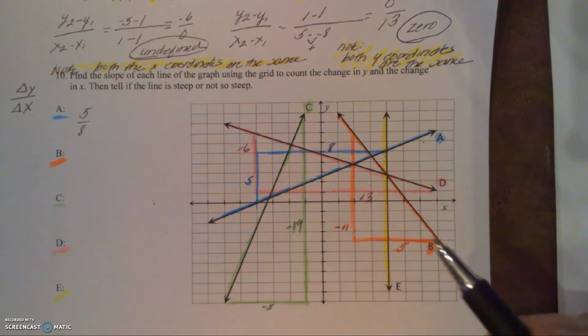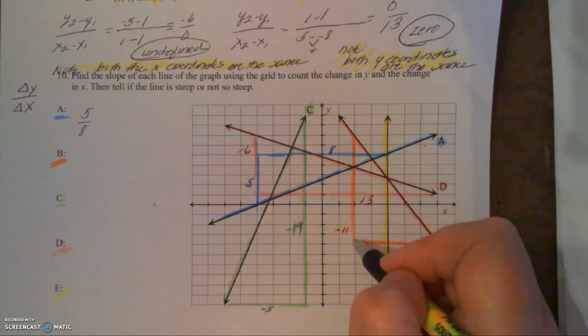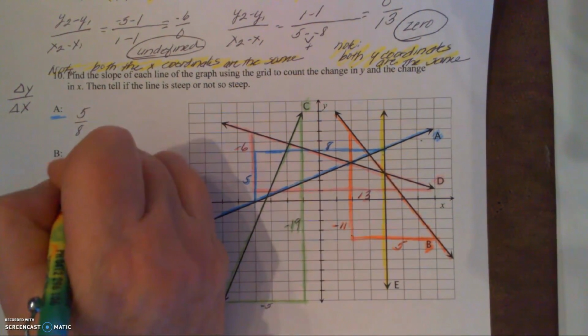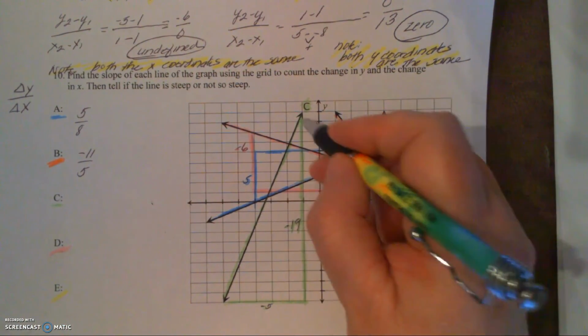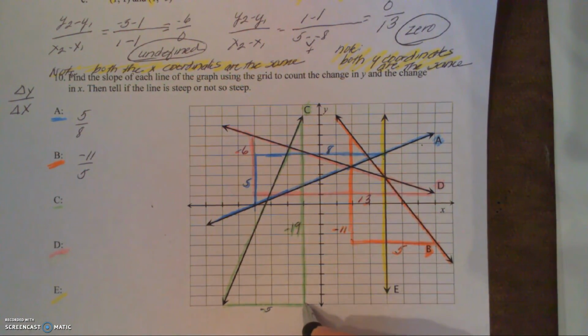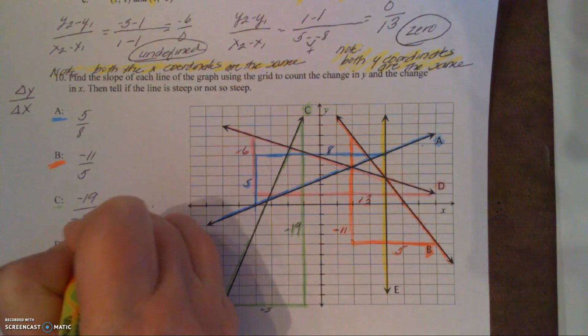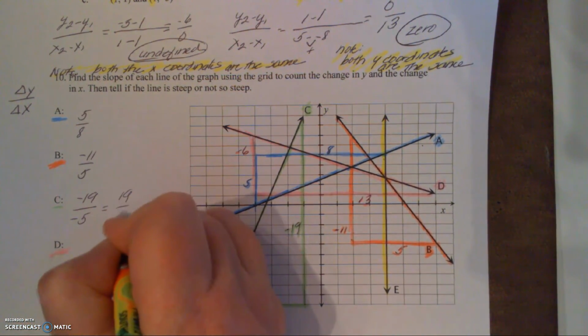If you look at B, it goes down 11, which is negative 11, and it goes over 5. Then if you look at C, it goes down 19 and over 5. So going down is negative and going to the left is negative. But remember, when you have two negatives, you get a positive.